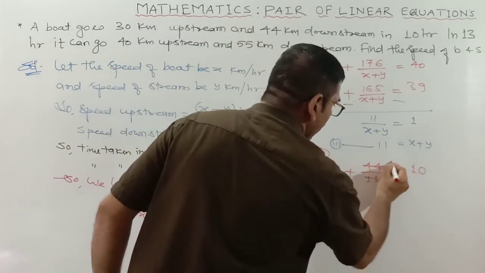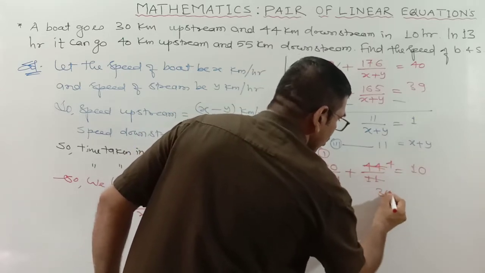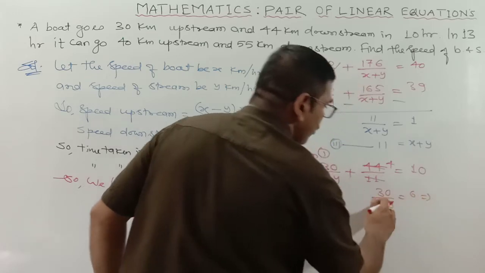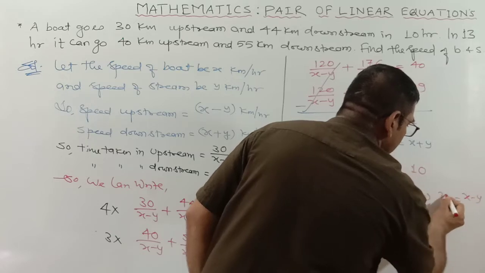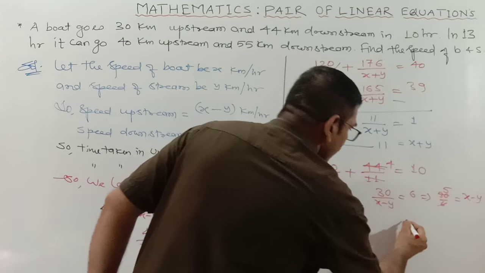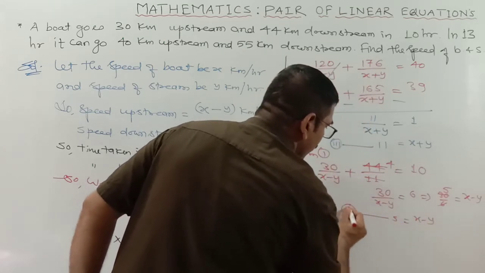So 11 4s are 44, 4. 10 minus 4 is 6. So 30 upon x minus y is equal to 6. From here you can write x minus y is equal to 30 upon 6, that is 5. So we have determined the value of x minus y, it is 5.